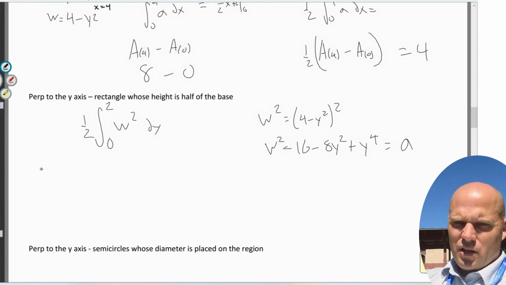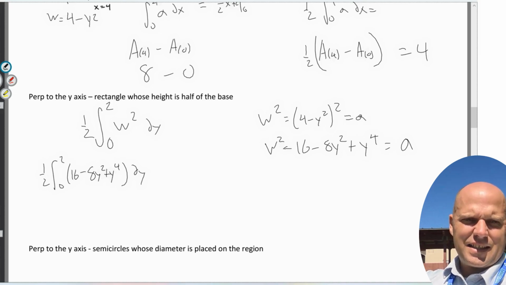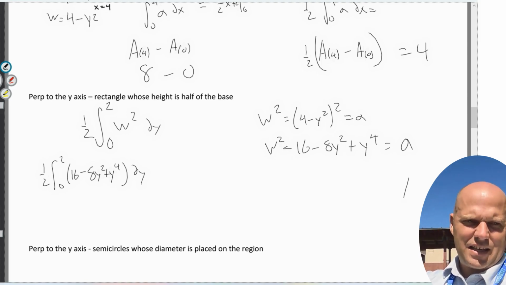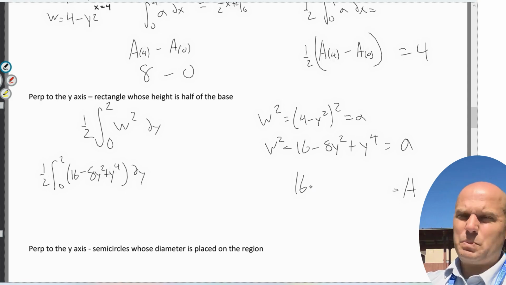You could just put this inside your integral. I have to simplify like that because I need to take the antiderivative. I can't take the antiderivative of that. I have to distribute so that I can take the antiderivative and have super W or super A, super W squared.